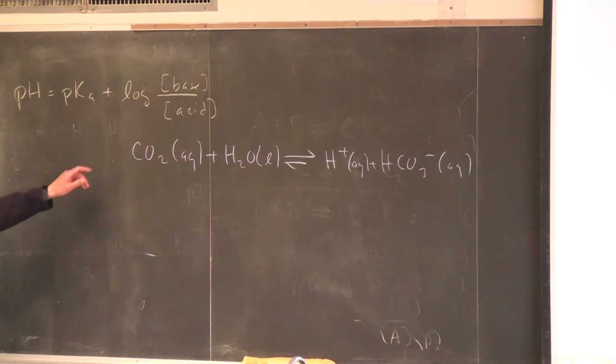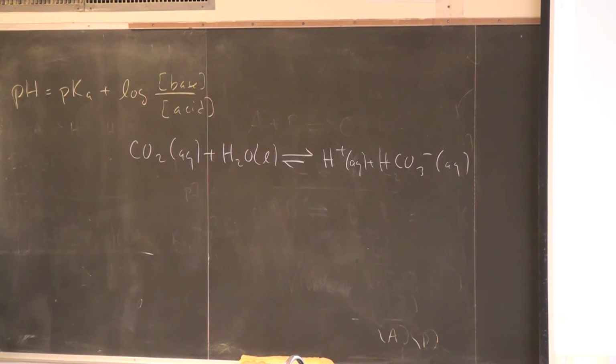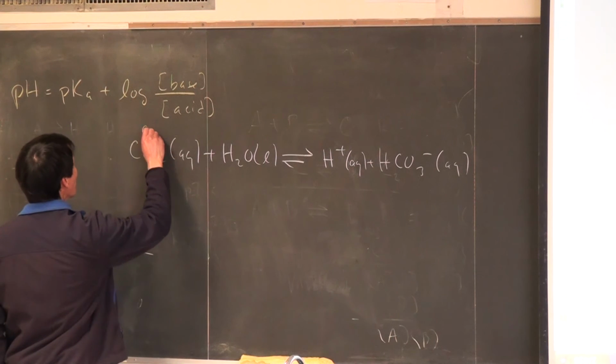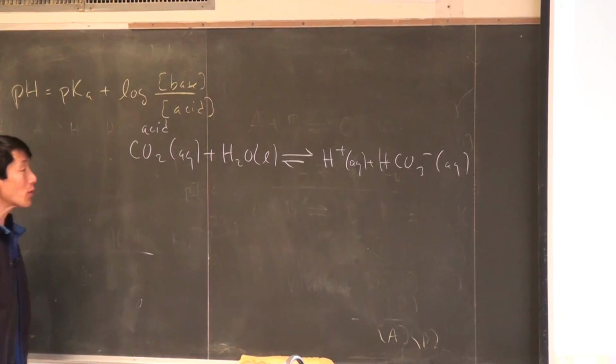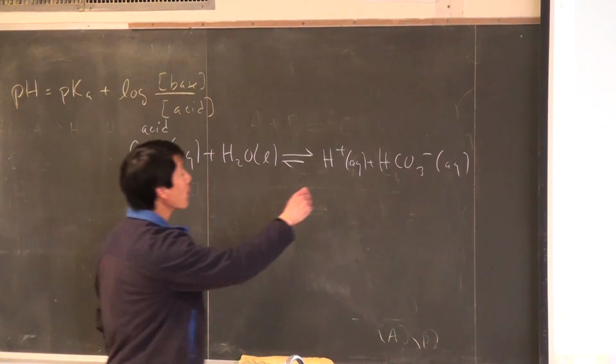Okay, so in reaction 4, what substance is the acid? Yeah, so this is our acid. What substance is the base? Yeah, so this is our base.